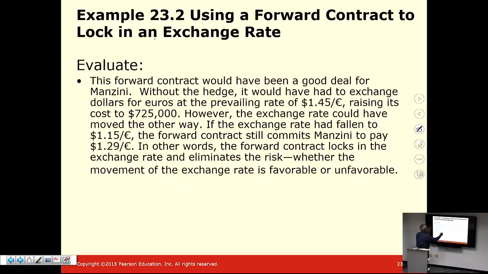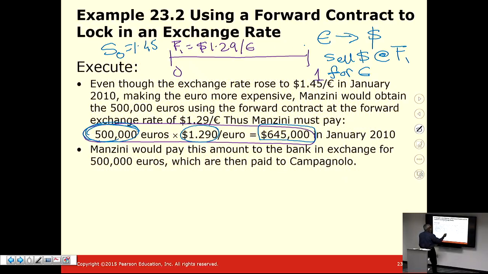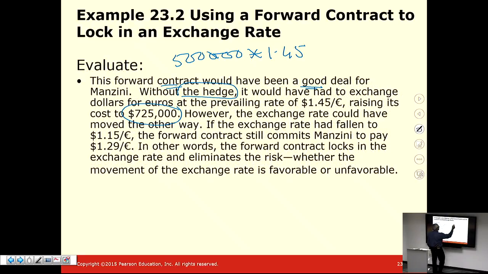So the forward contract is a good deal. Why is it a good deal? Without this hedge, what would be the total payment? It would be $725,000, which is the 500,000 multiplied by 1.45. With the hedge, they are paying $645,000.